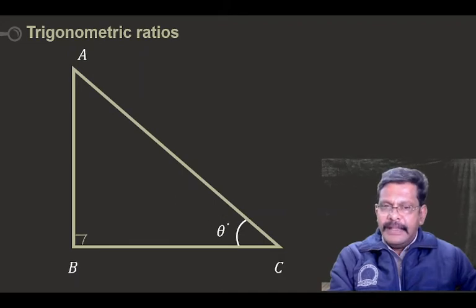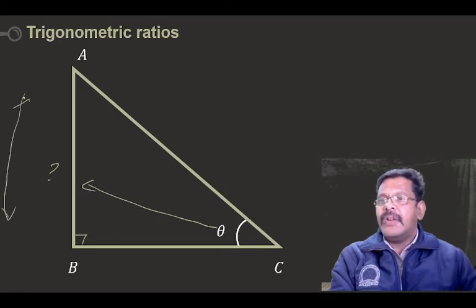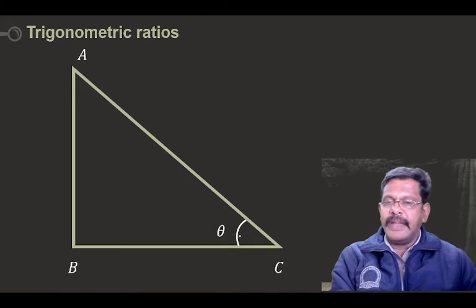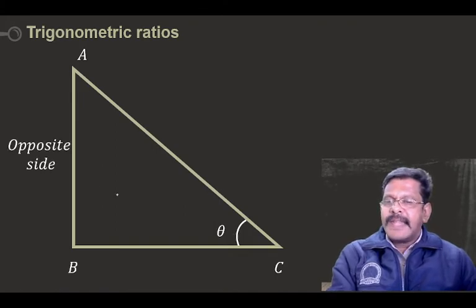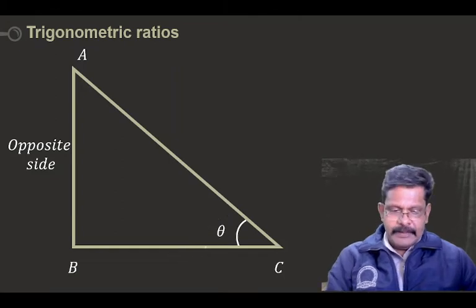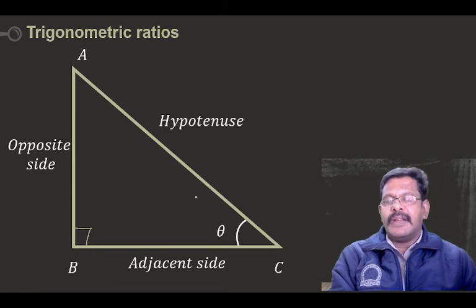For this theta, this particular side is called the opposite side. For this theta, this is called the adjacent side. And this, which is opposite to the 90 degrees, I'll call the hypotenuse. This you have to remember for this theta.